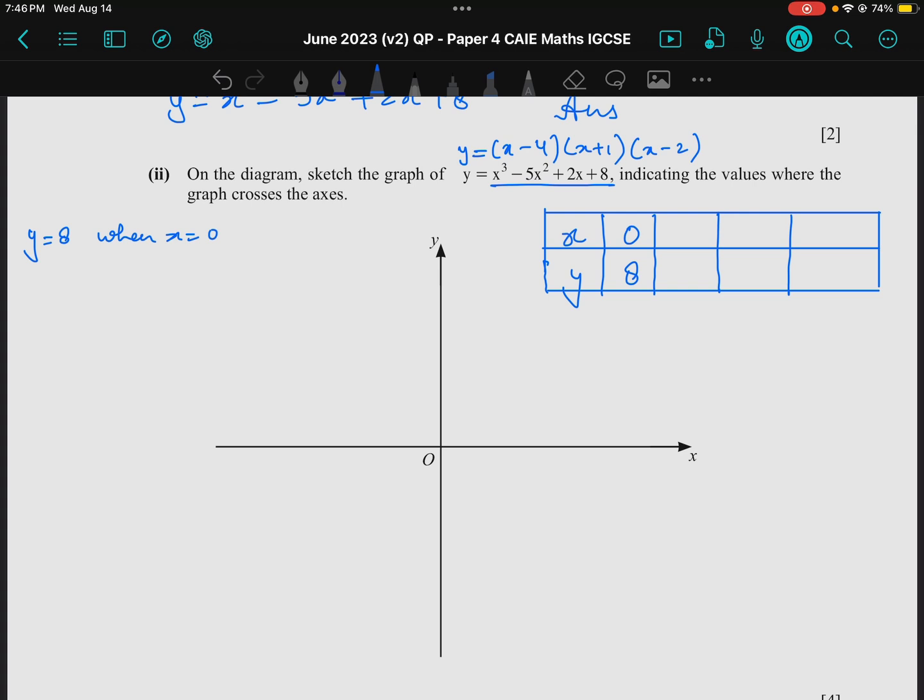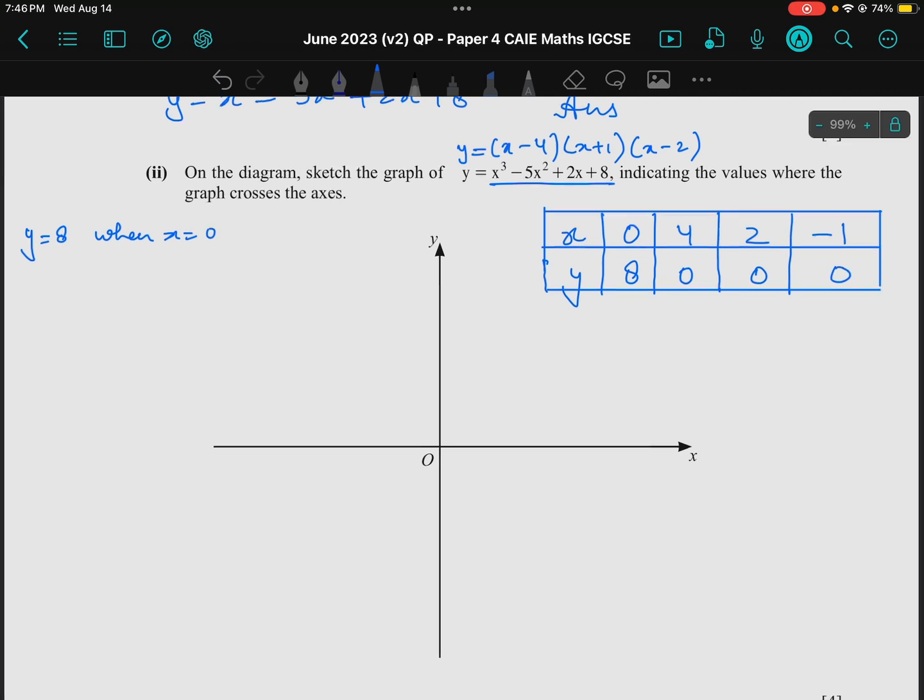Similarly, when you put the value of x as 4, then the value of y will become 0. When you put the value of x as 2, the value of y will become 0. And when you put the value of x as minus 1, again the value of y will become 0.